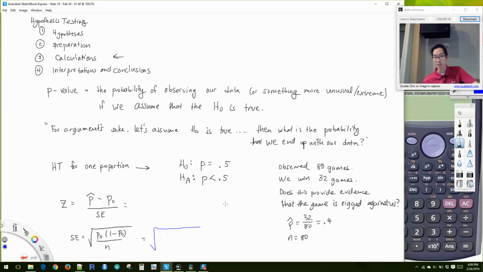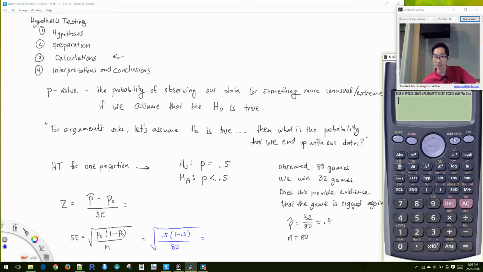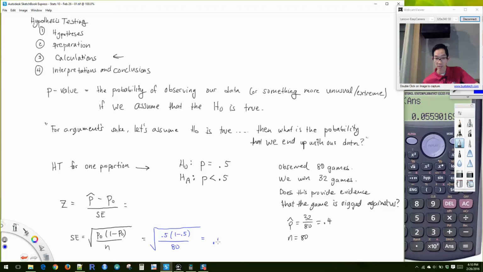What value is my p0? 0.5 times 1 minus 0.5 divided by 80. Let me change the settings on my calculator. So I get 0.5 times 0.5 divided by 80, and I'm going to take the square root of this. My standard error is 0.0559.